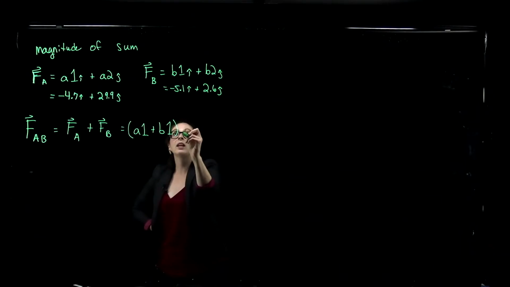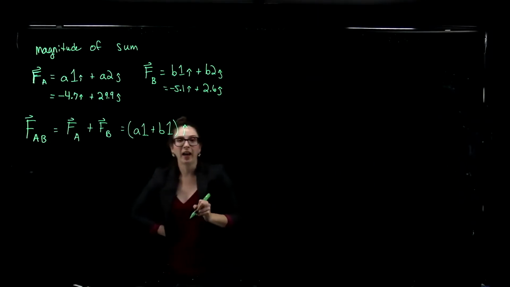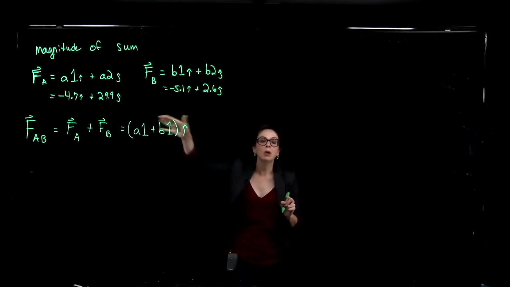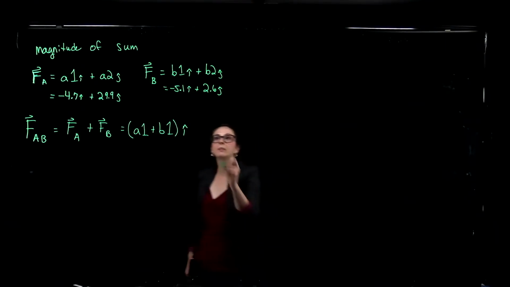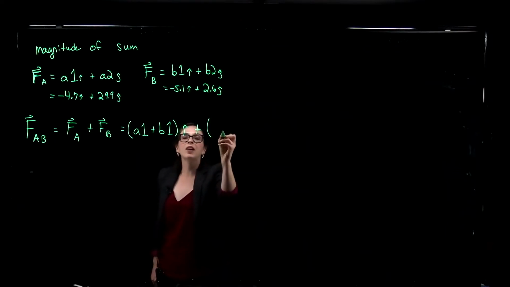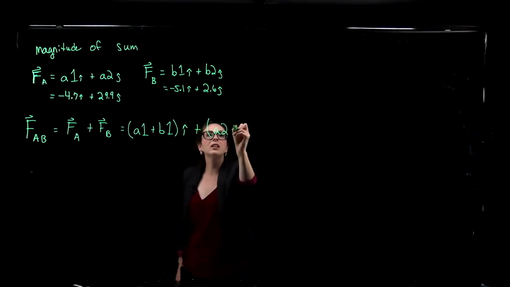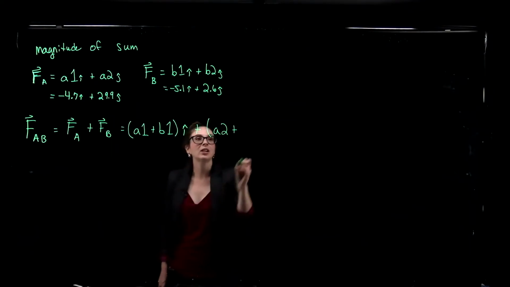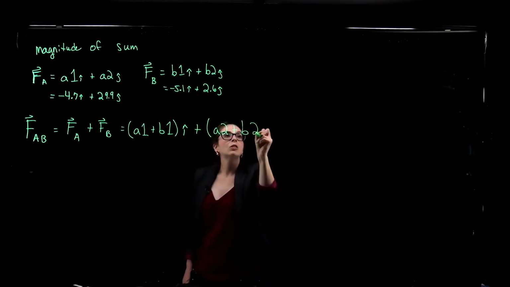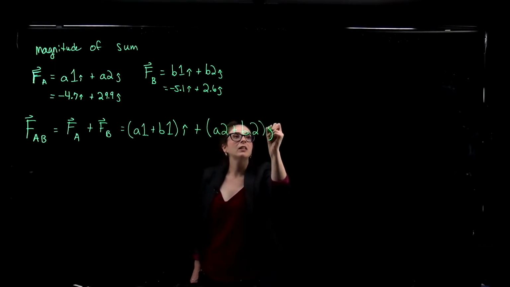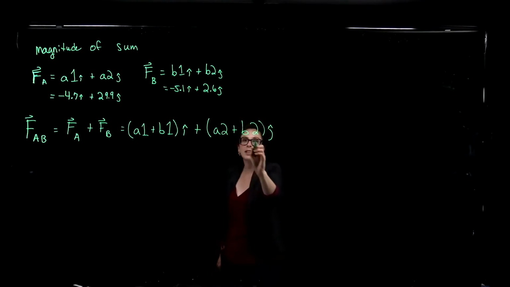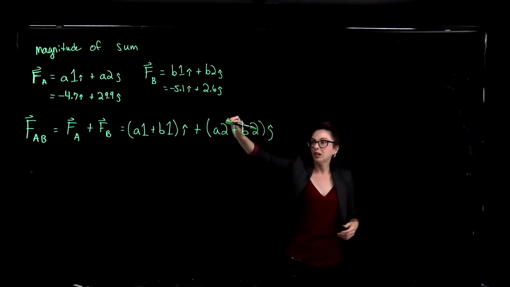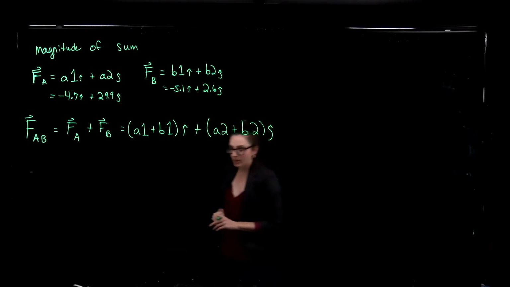We keep the i-hat there to remind us that it's the component in the X direction. Plus the A2 component, the Y component of vector A, plus the Y component of vector B, j-hat. We sum them together, and that's the Y component for the sum of those vectors.